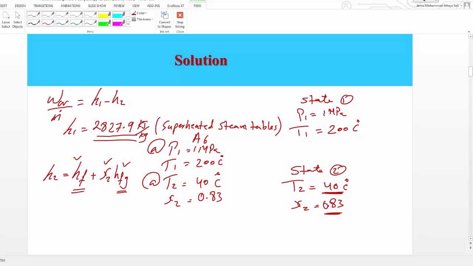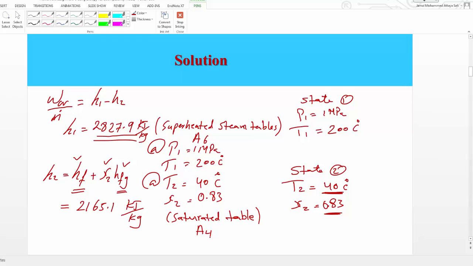Those you can read from the table straightforward, and that's going to give you H2 as, I will write just the final result here, 2165.1, and that is kilojoule per kilogram. So now I have H2. I can also write here the name of the table: saturated table temperature base, which is A4, so you can track it.